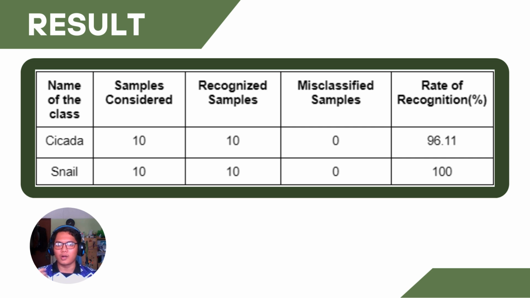This high level of accuracy demonstrates the effectiveness of the pre-processing technique and the strength of the classification algorithm used in this study. The results confirm the approach and highlight its potential use in real-world scenarios for insect recognition tasks.